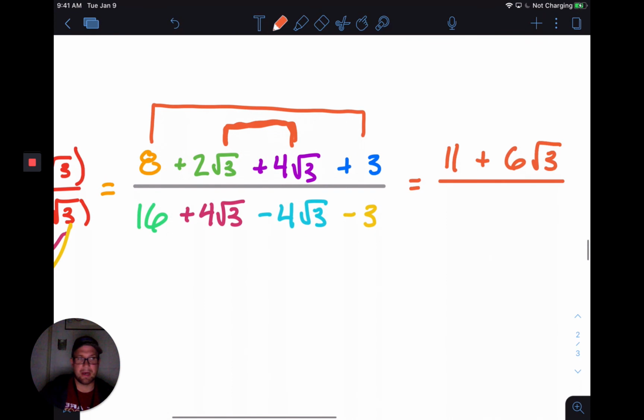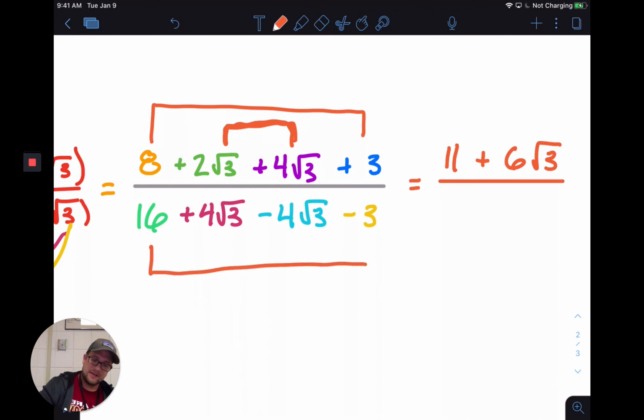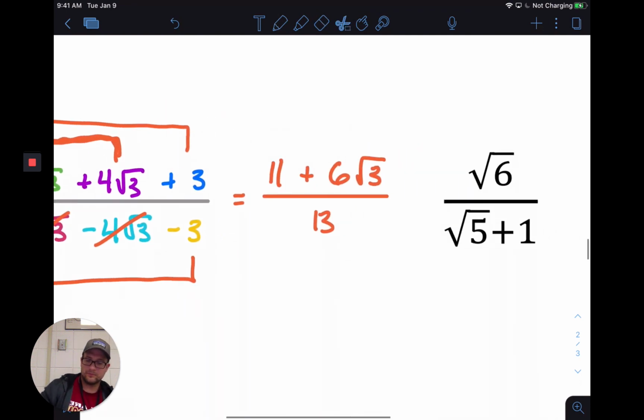Looking across the bottom, 16 take away 3 would leave us with 13. And 4 square roots of 3, take away 4 square roots of 3, cancel each other off. Making this our final answer.